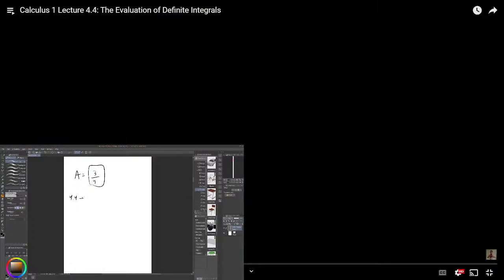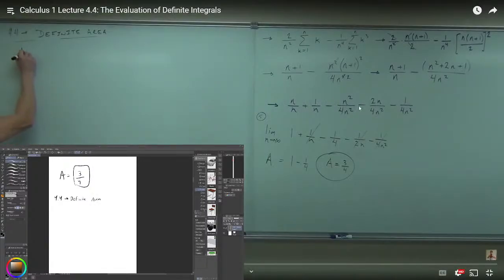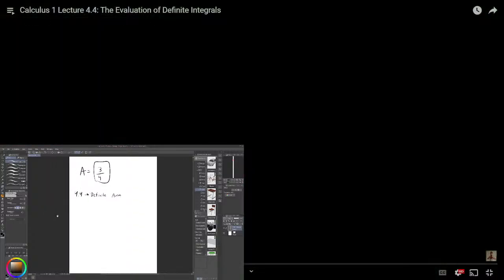4.3. Here it is again. Last time I'll show it to you. Area. Right now you know area as this.